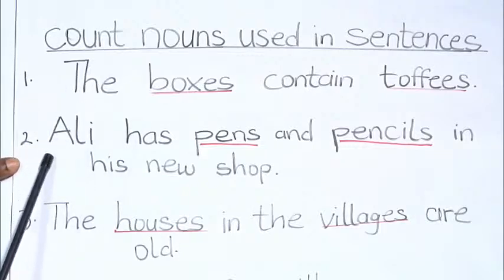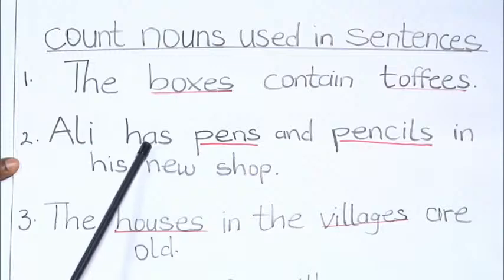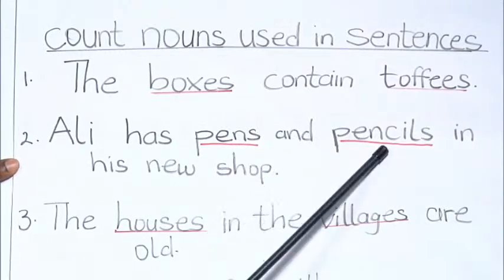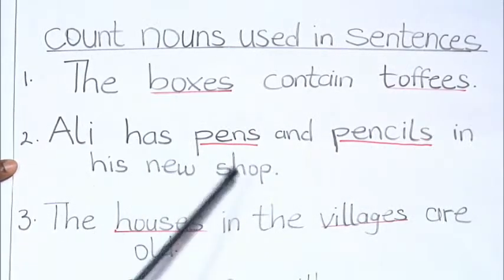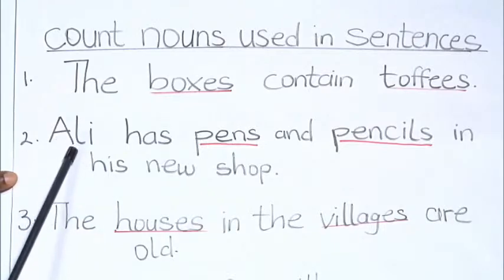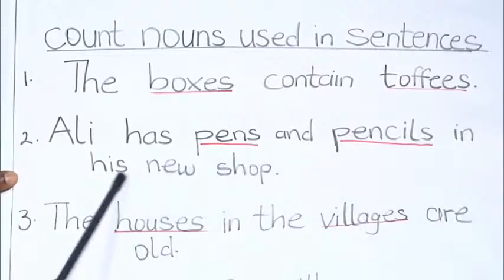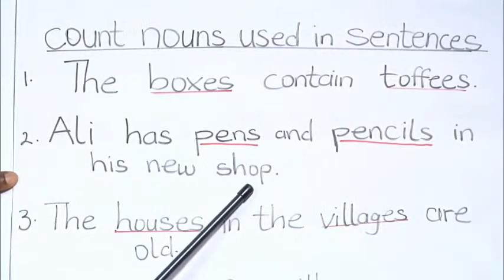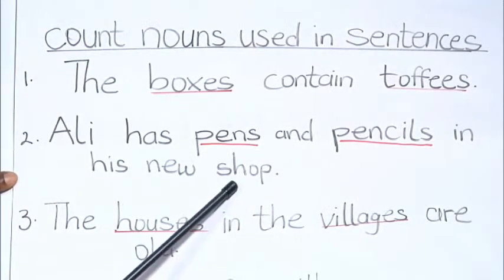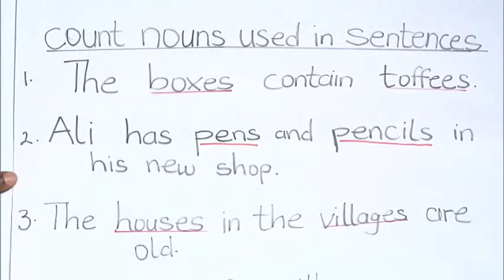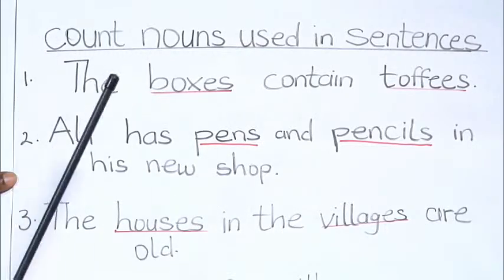Let's go on. Number 2, Ali has pens and pencils in his new shop. Can we see count nouns in this sentence? Yes. What are they?